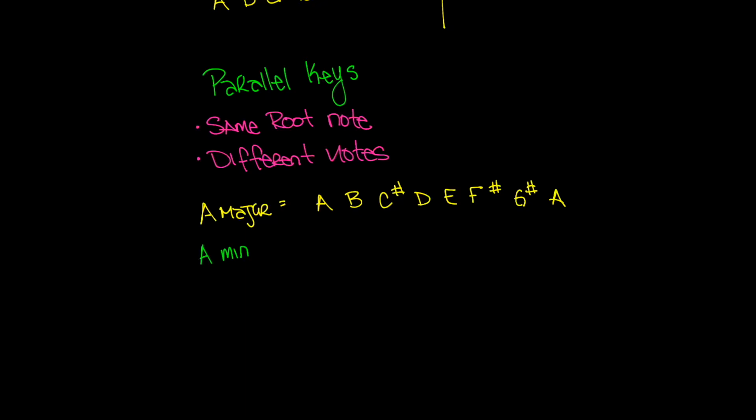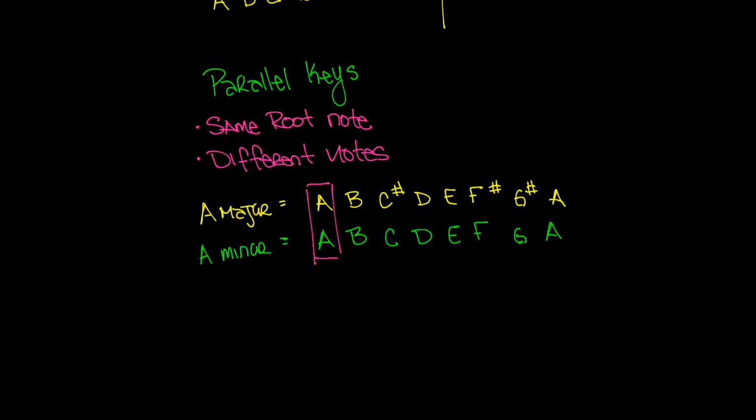A minor is A, B, C, D, E, F, G, and A. The takeaway is that there's really no direct relationship between A major and A minor other than that they're both starting from A.